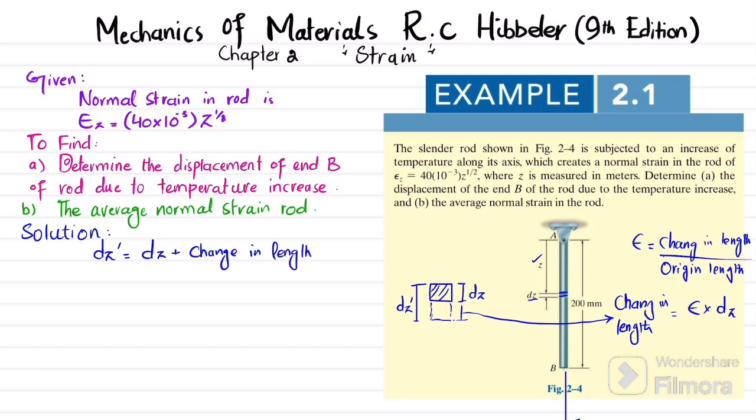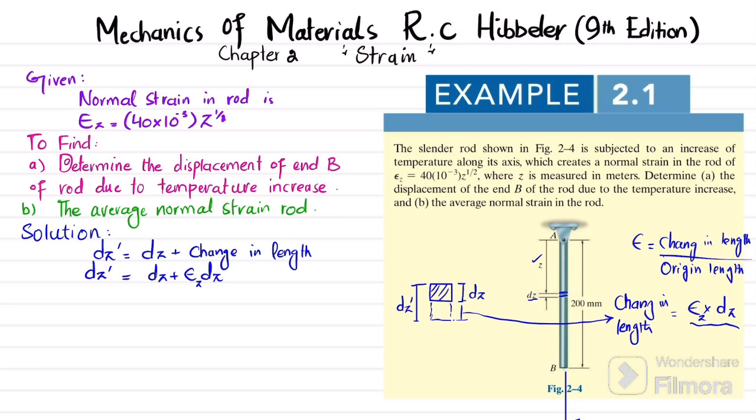So we can write it as dz, and this change in length we found is epsilon times dz. Since it is acting along the z direction, we can write this as epsilon z. So this will be the new length of this small segment dz.